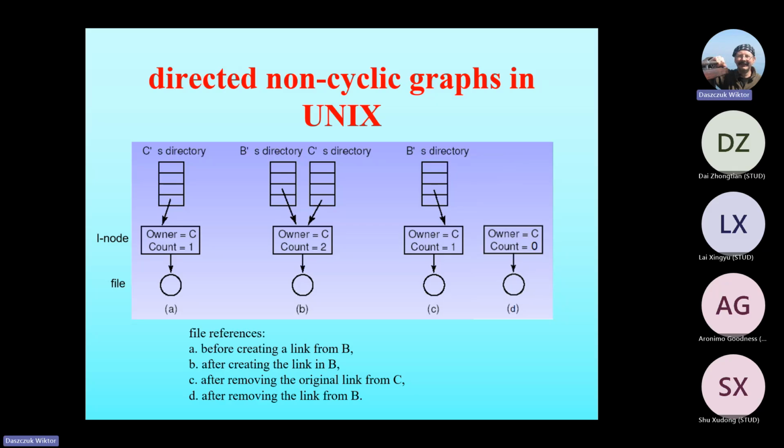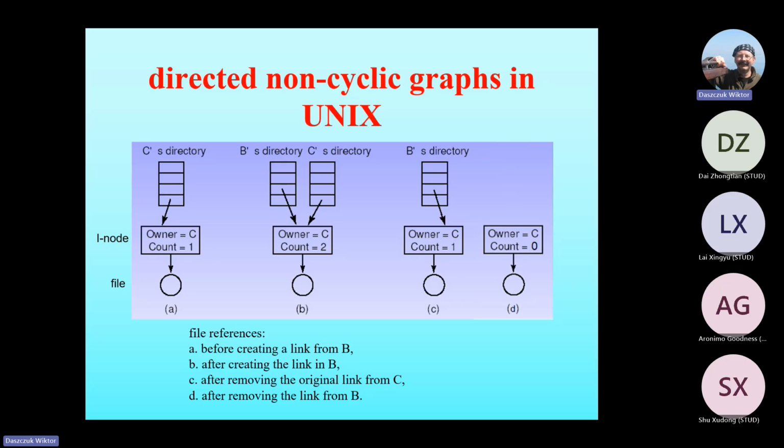And the link count, which is necessary, I will show you why, is set to 1. And this inode defines the placement of this file in data. Okay. I make this file available to another person via a link to the file.